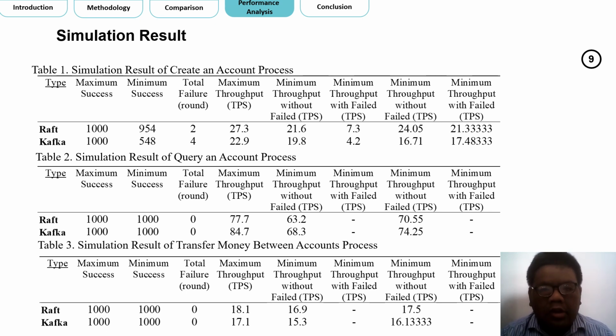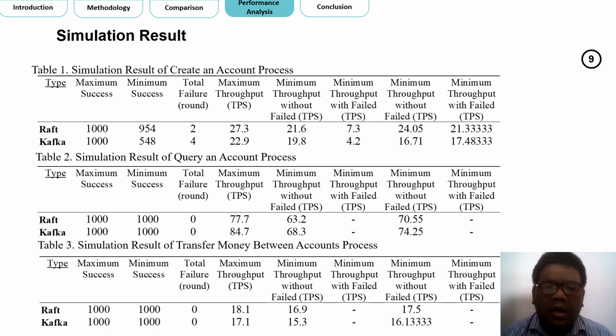Of the number of rounds that failed, Raft only failed 2 rounds of 12 rounds, while Kafka had 4 failed rounds of 12 rounds. Furthermore, from the minimum total success, which means there was a failure in a round, Raft managed to do 954 transactions out of 1000 transactions, while Kafka succeeded in doing 548 transactions out of 1000 transactions.